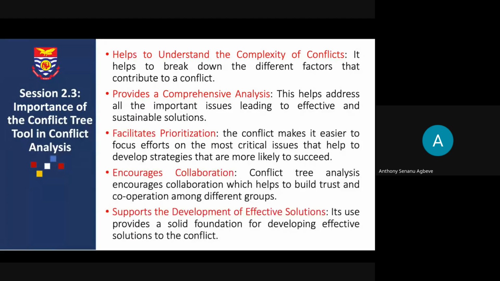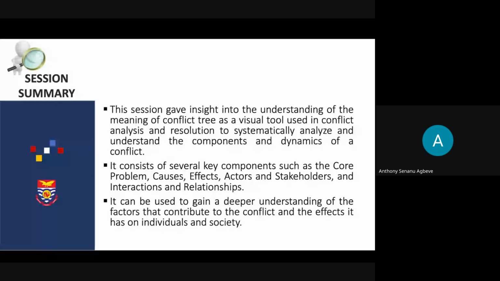So we are probably using the most effective way in dealing with the situation, just because of the approach we use, prioritizing the most significant effects and causes of the conflict. So those are the benefits of using the conflict tree tool in analyzing any given conflict.